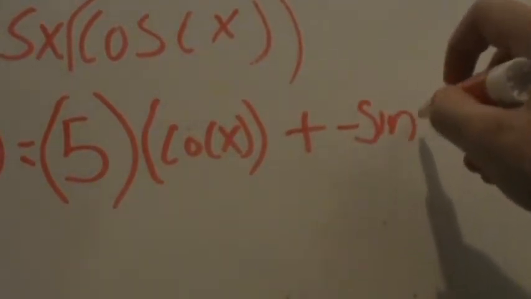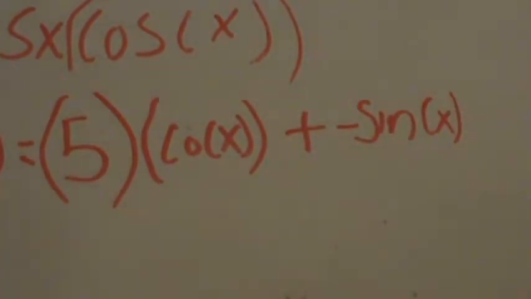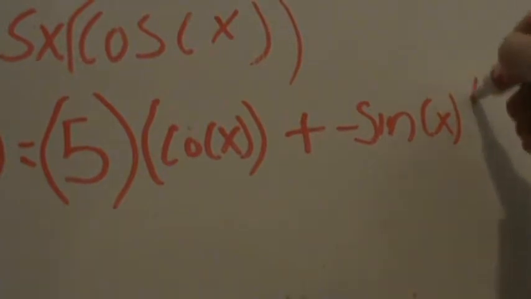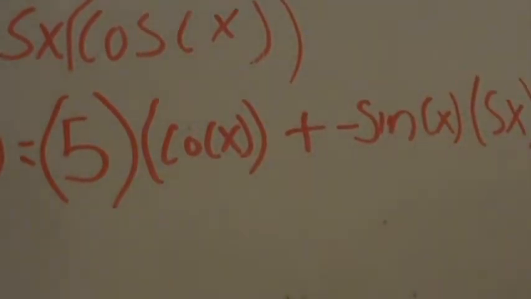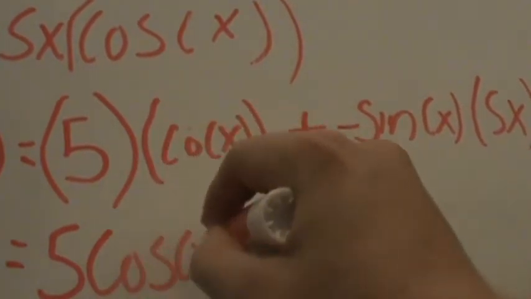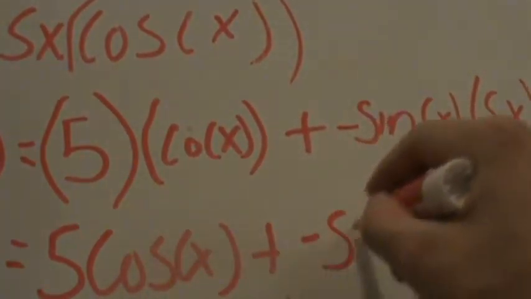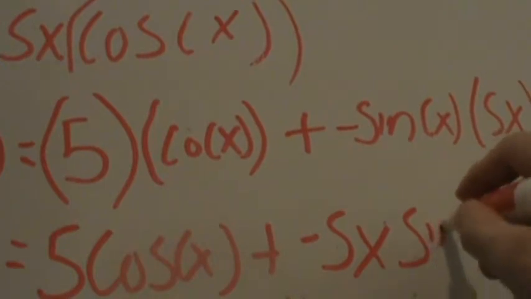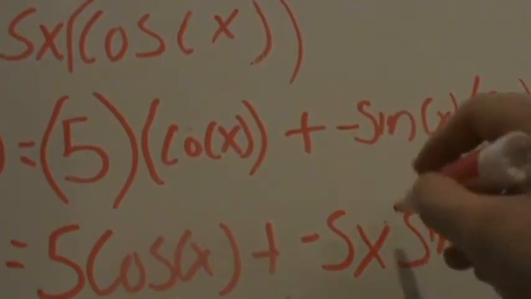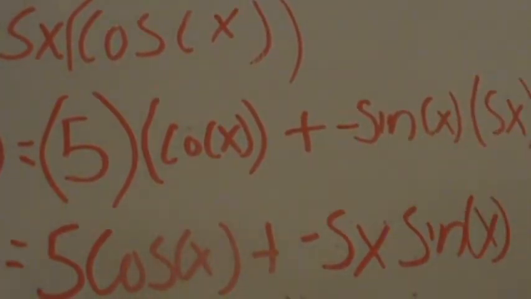The derivative of the cosine is negative sine of x, and with that we then just write the first function. Okay, so basically our derivative is 5 cosine x plus negative 5x sine x. This is our derivative.